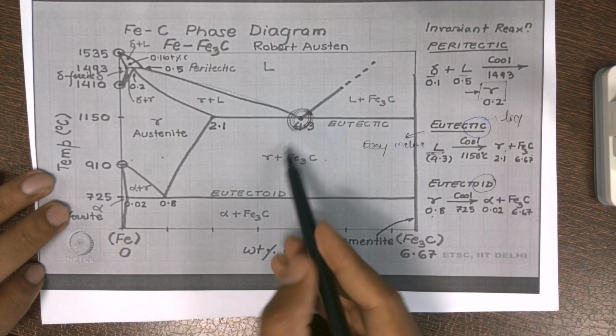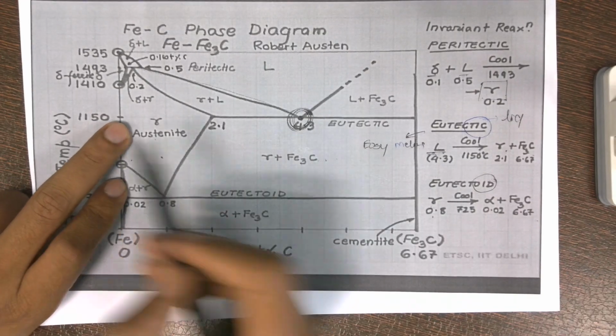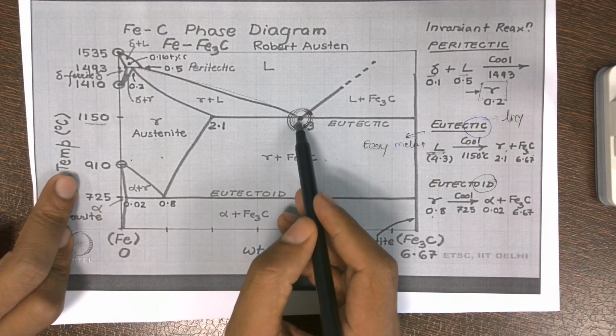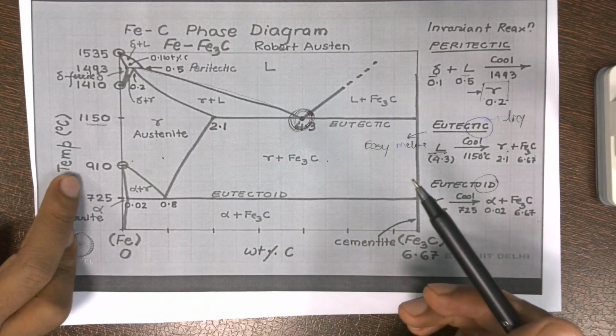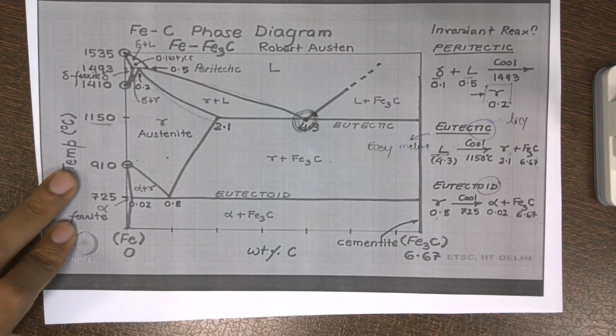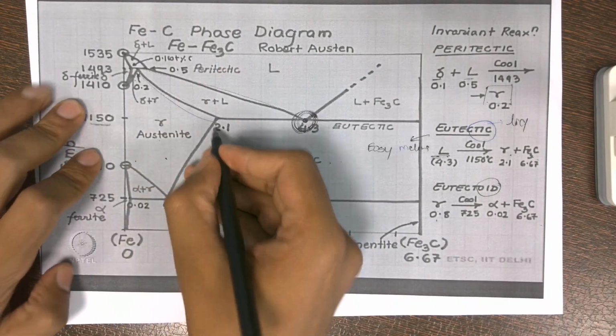The easiest melt, the lowest melting point, is 1150 degrees Celsius. If we go above, the temperature keeps on increasing over here. So these are the list of the reactions and the important things to note down.